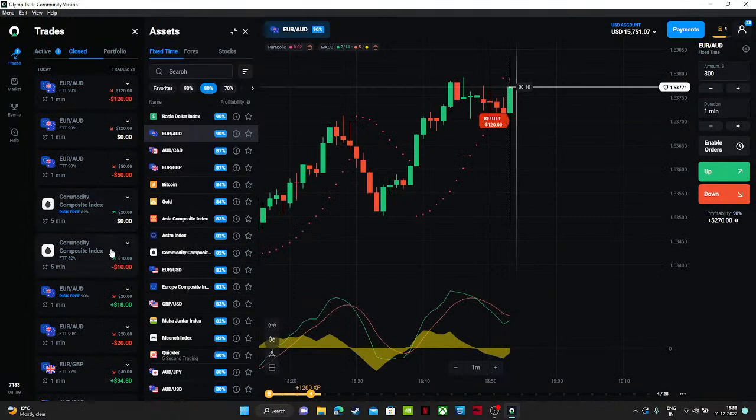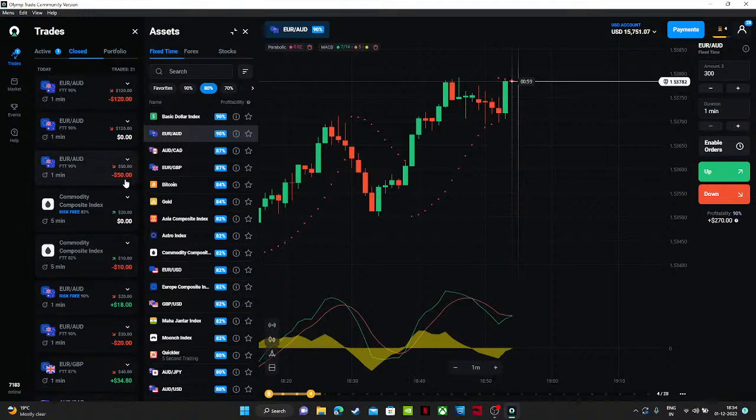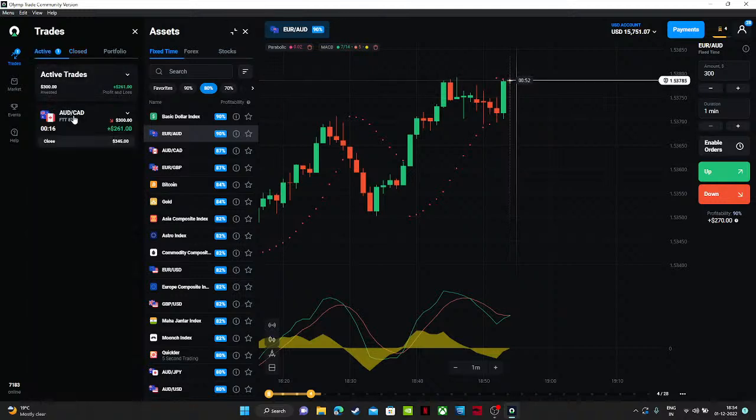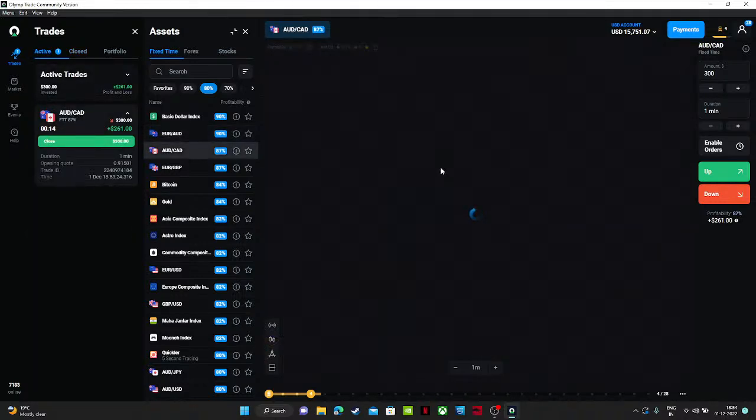We can see that we lost 10, then 20. It was a risk-free trade. Still, here we lost 20, 10, 30 plus 50, 80 plus 120 is equal to 200. And right now we are winning this trade.